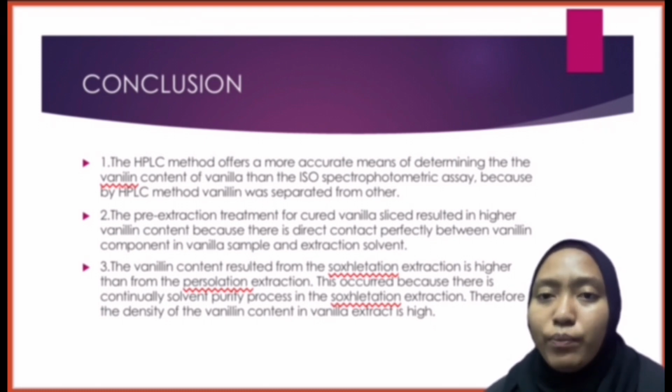And lastly, the vanillin content resulted from the extraction is higher than from the percolation extraction. This occurred because there is a continual solvent purity process in the extraction. Therefore, the density of the vanillin content in vanilla extract is high.